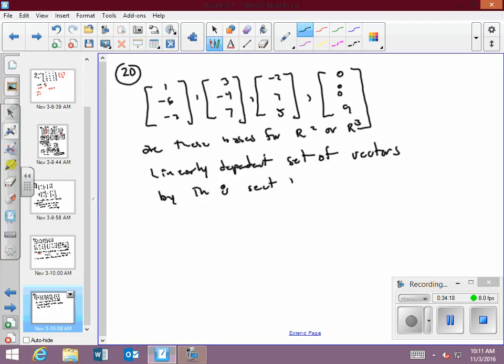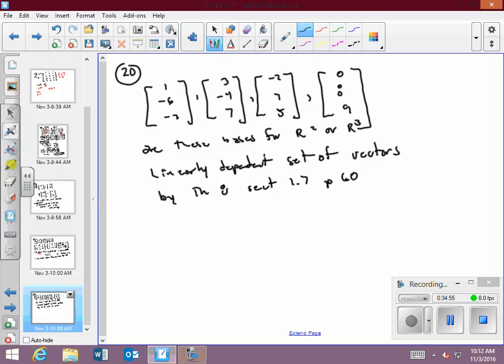And then if you look at page 150, the definition there says a basis for a subspace H of Rn is linearly independent.